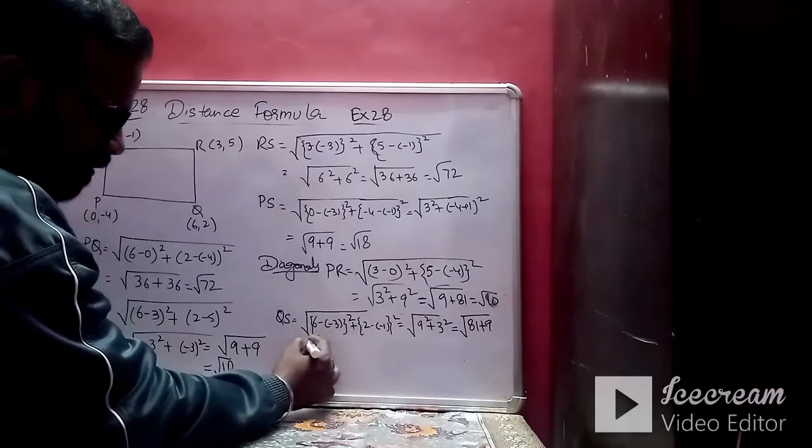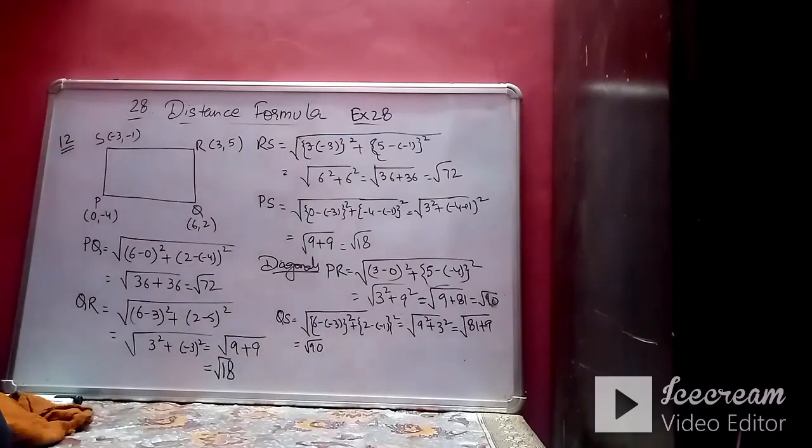So QS is also root 90. So we have calculated all the 6 values.